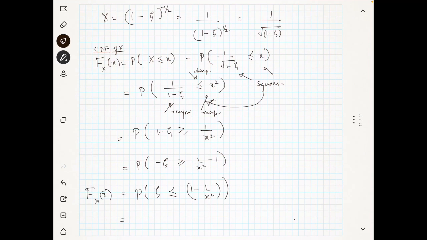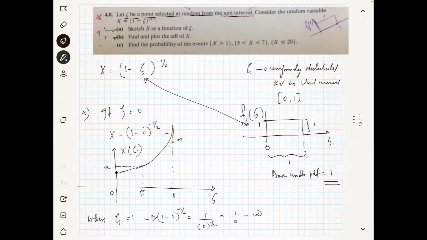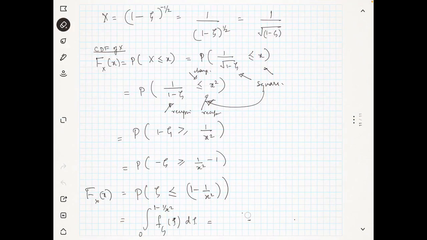What is this? It is nothing but the integral from 0 to 1 minus 1 by x square of f zeta of zeta d zeta, because we are talking about zeta on the right side. We know that f zeta of zeta is always 1 here. So it is the integral from 0 to 1 minus 1 by x square of d zeta.